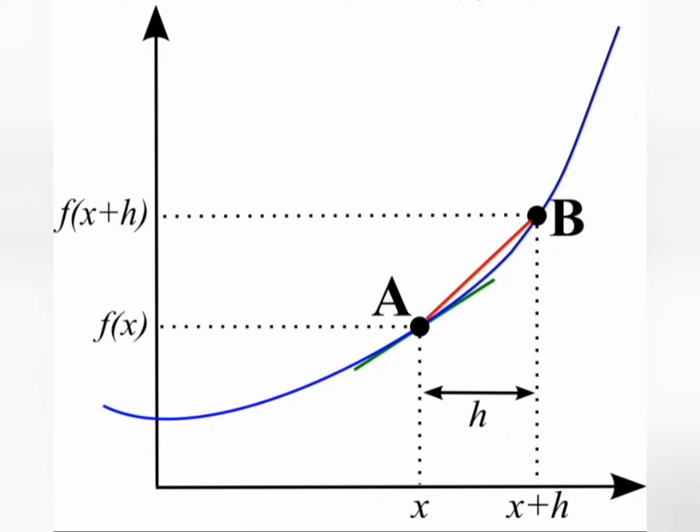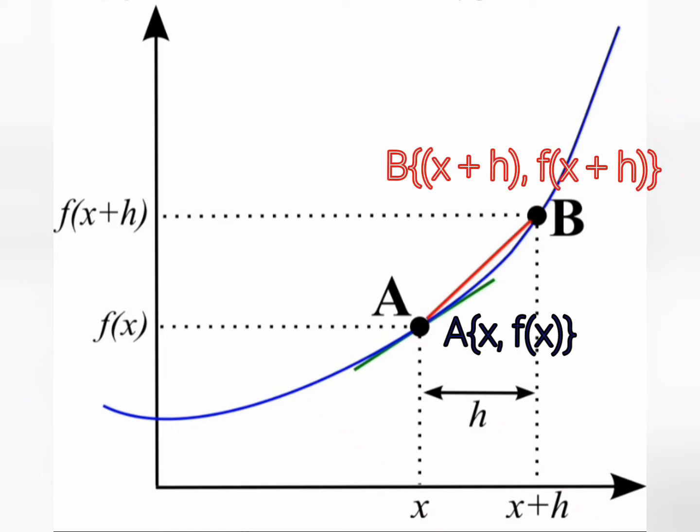We have the blue curve as the graph of the function, and we have the straight red line AB. Now the coordinate of A is (x, f(x)), and that of B is (x plus h, f(x plus h)).